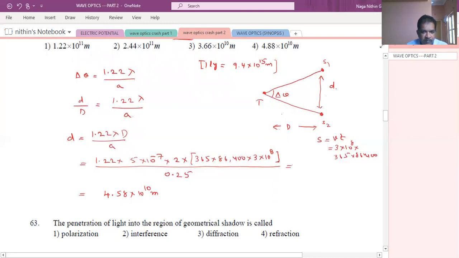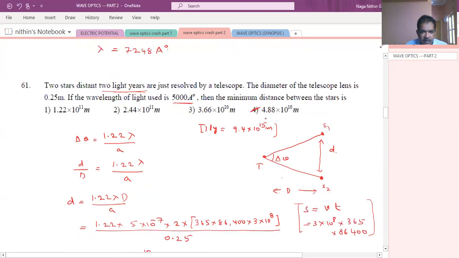Write it clearly. Why this came: S is equal to velocity into time, 3 into 10 power 8, 365 days. One day will have 86,400 seconds. That's why we substituted. So this is not 4.88, this is 4.58. I calculated 4.58 into 10 power 10 meters.